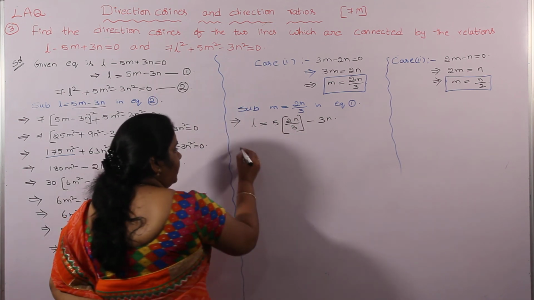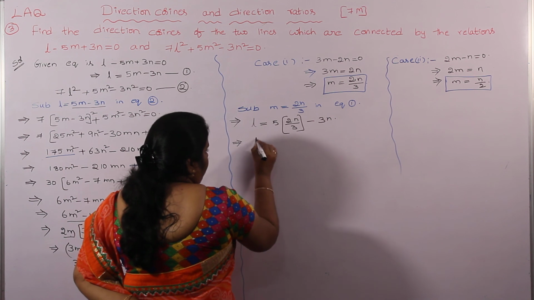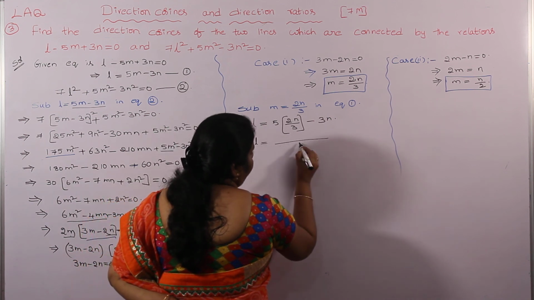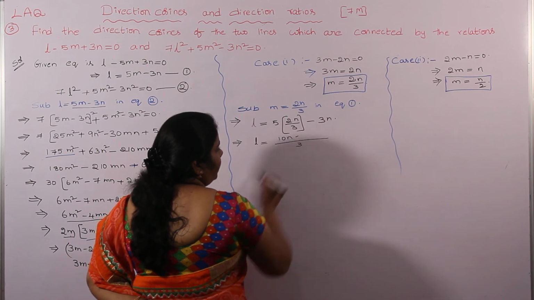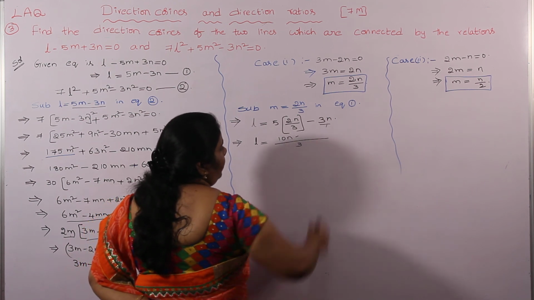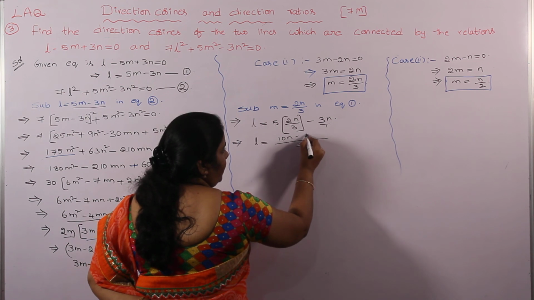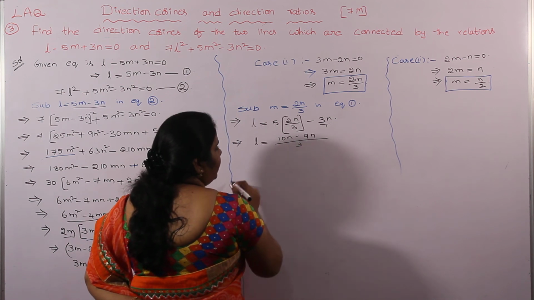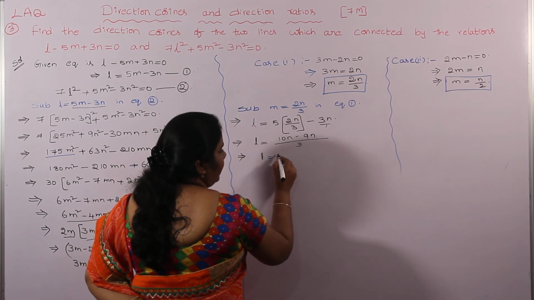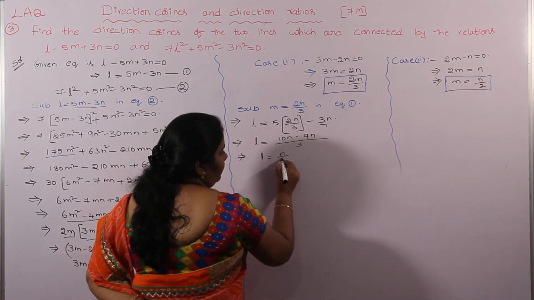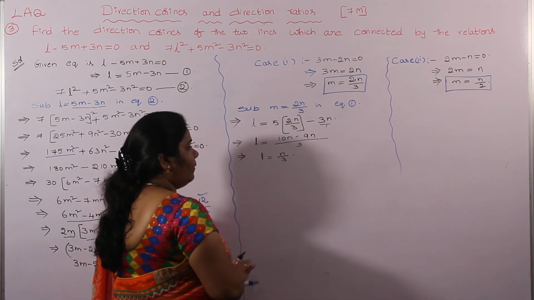Now take the LCM. LCM is 3. 5 2s are 10n minus, LCM is 3, denominator we have 1 more. 1 3s are 3, 3 3s are 9n. 10n minus 9n is n only. So L is equal to n. From this we get the L value also.